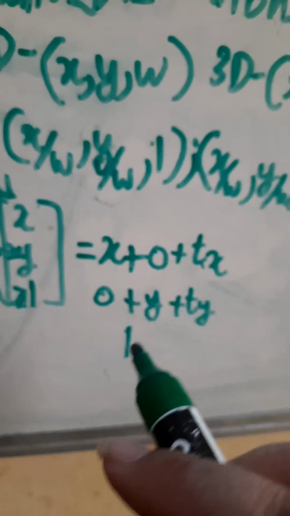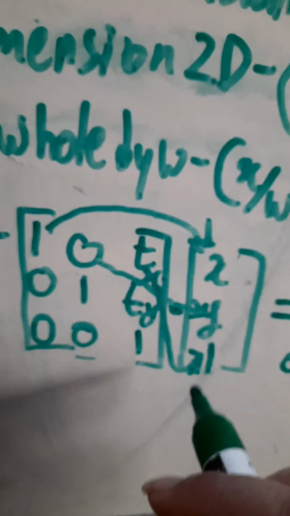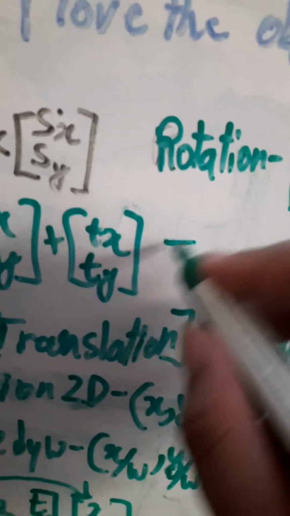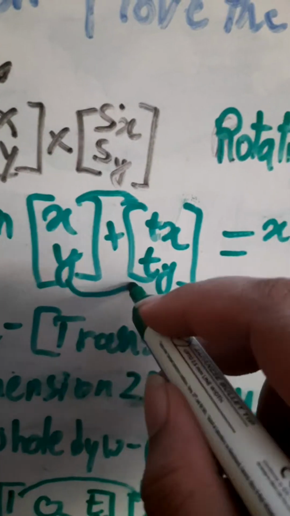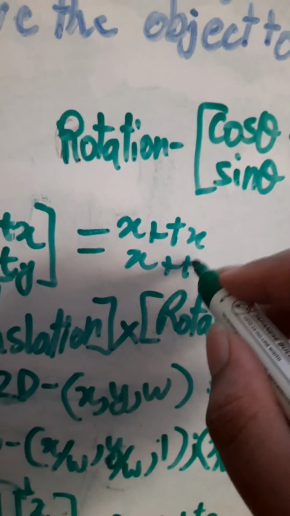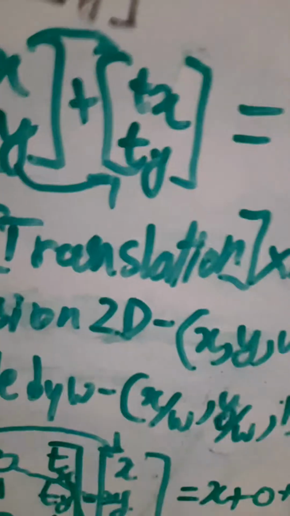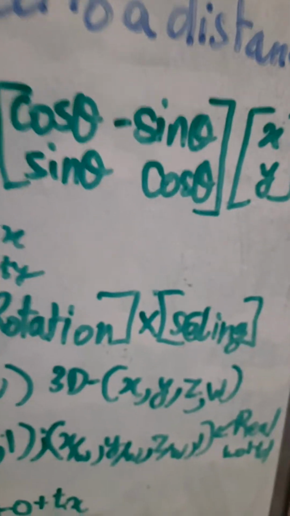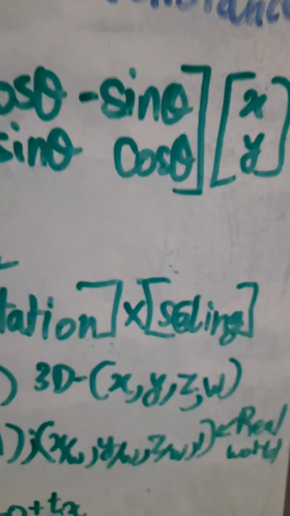So when I take the matrix multiplication of this, it becomes addition, and this was the exact thing that happened here too. In addition we just add corresponding elements, x plus tx and y plus ty. That's what happens, right? So I have solved this problem. Now this is also matrix multiplication, and obviously these would also change in matrix multiplication, so that won't be a problem right now.